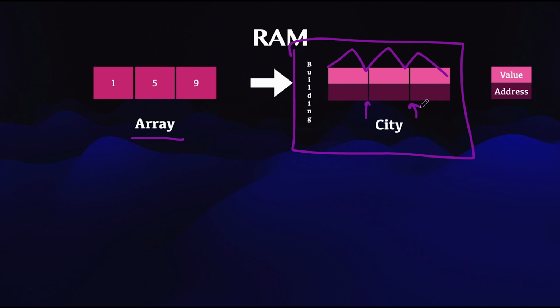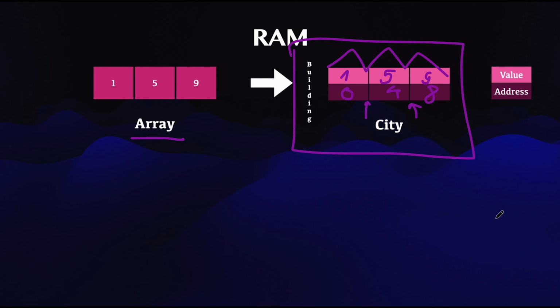Data is stored in a consecutive manner. If we look at the array that we've got, we're going to have 1 stored here, and the address is 0. 5 is going to be here, and the address is 4. And 9 is going to be here, and the address is 8.